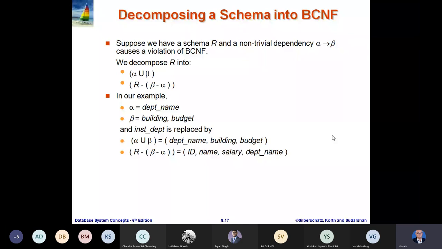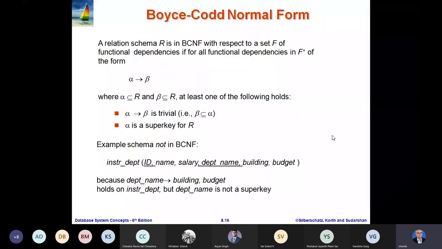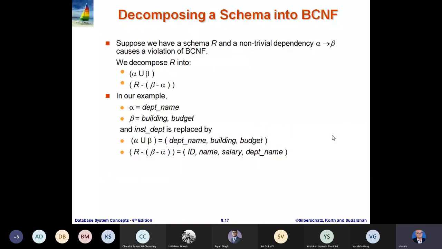If the other FD was given, say, ID functionally determines name, salary, department name, building, budget, where ID is of course a super key, that FD definitely is not causing a violation of the BCNF property. But this FD, department name to building, budget, is the one that is causing the violation of the BCNF property. So there is a non-trivial dependency alpha to beta which is causing the violation of BCNF.